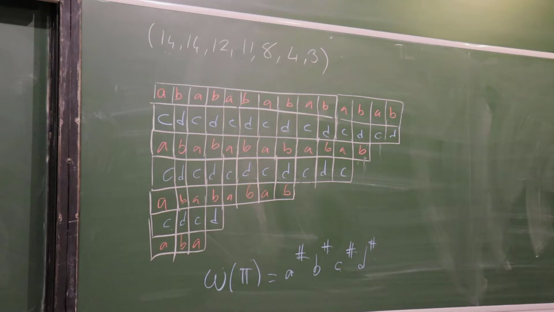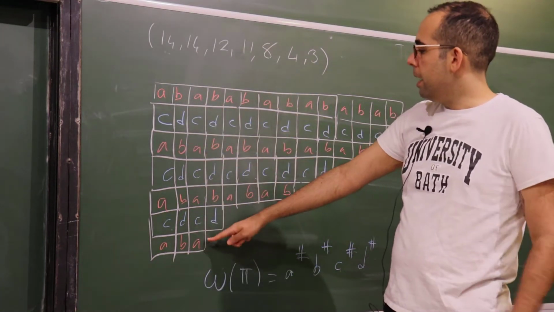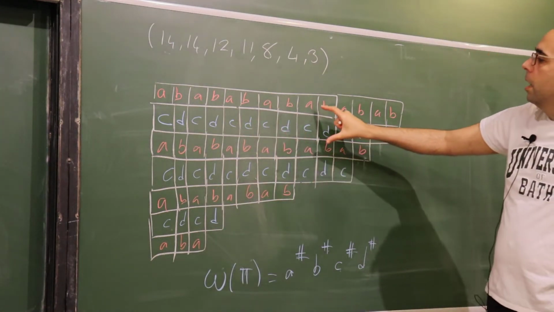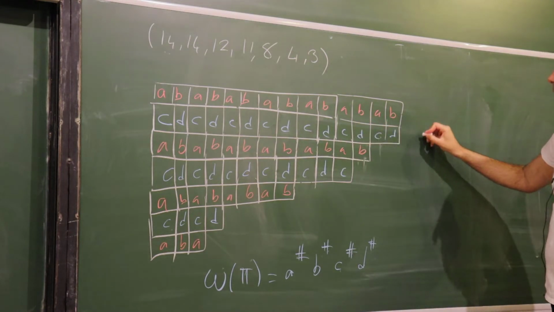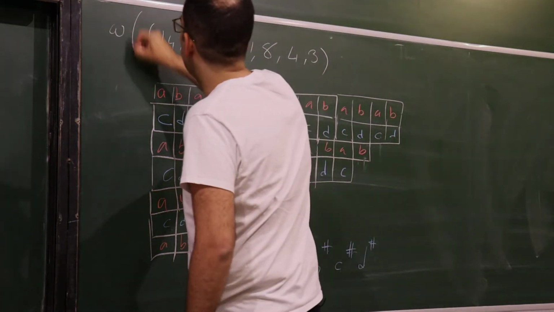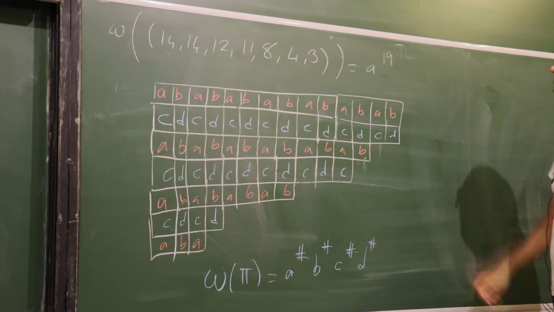So for this example, it is going to be a little bit messy, but let's count it. 4 in this column, 4 in this column, 8 A's, 11 A's, 14 A's, 16, 18, 19 A's. So the weight of this partition is going to be A to 19.